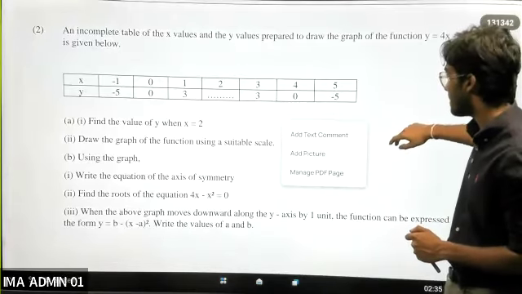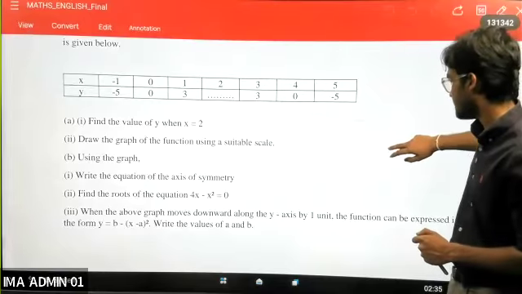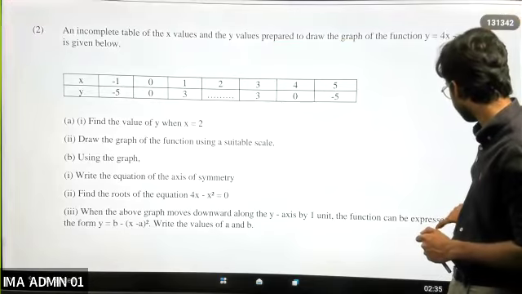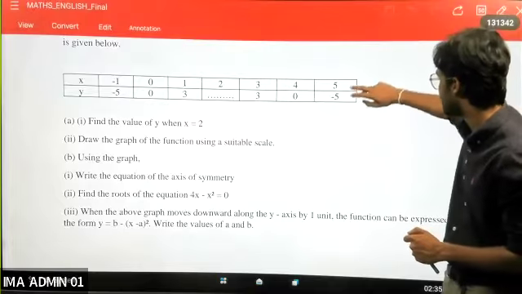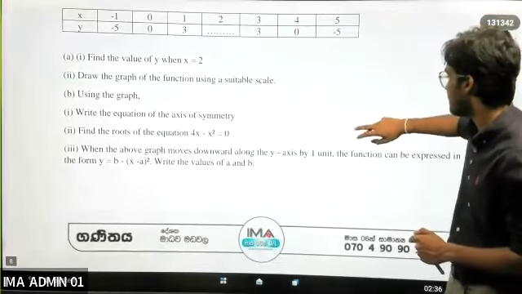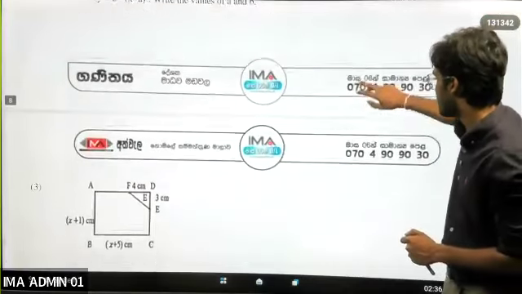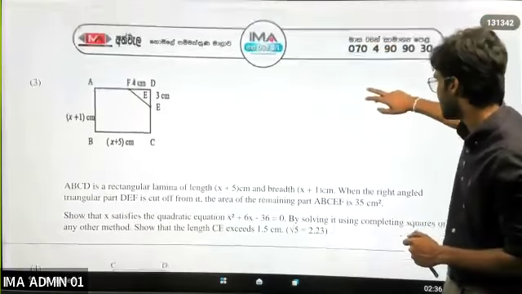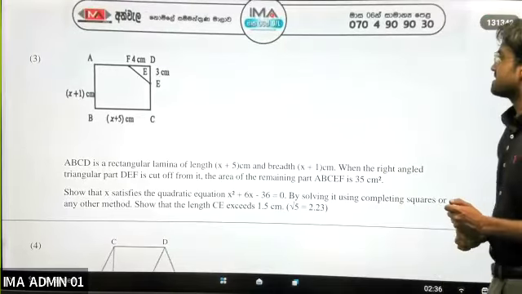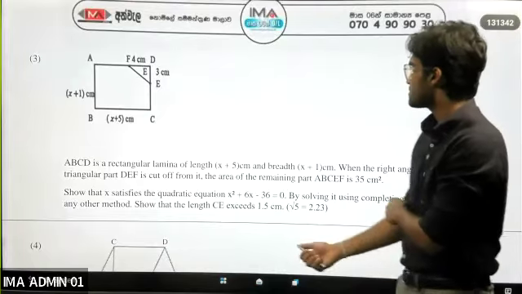Accordingly, we draw the graph. This is actually a bit complex one, but with the interest of time, I will try to do this question as well if we have more time. But I was hoping to go on to the third question for now. Right? We will start this question.